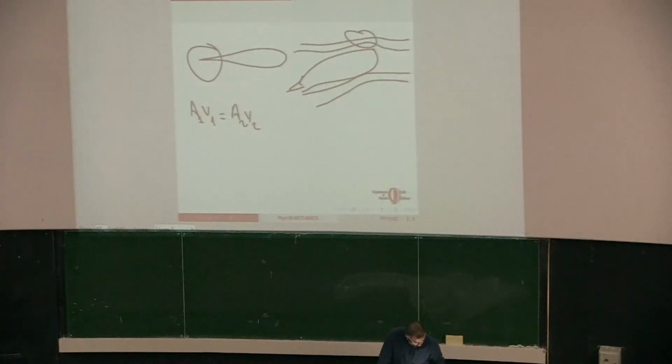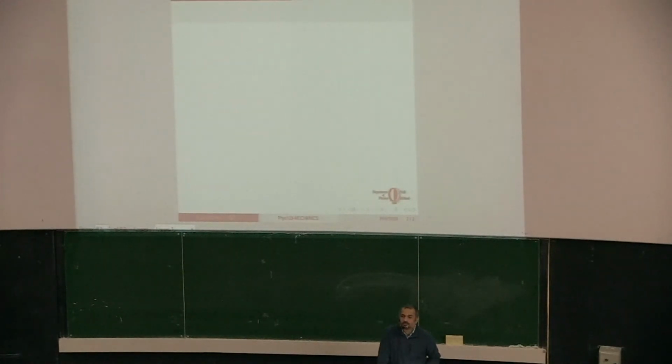Now, before going to the example of why the ball curves, let's do another example of the application. Let's just imagine that you have a glass filled with liquid and you create some holes.